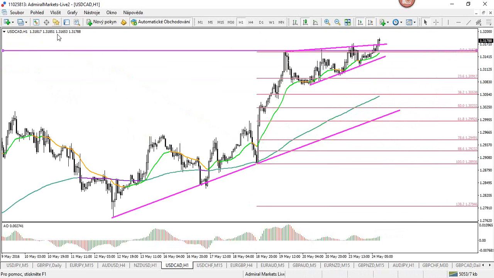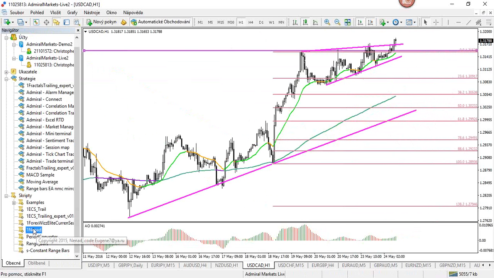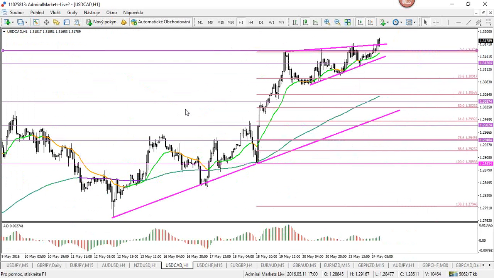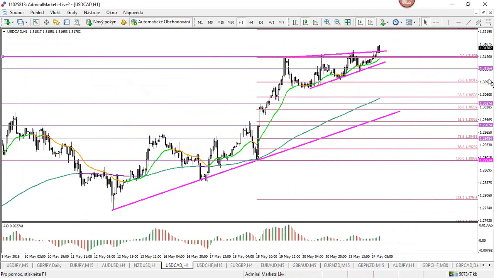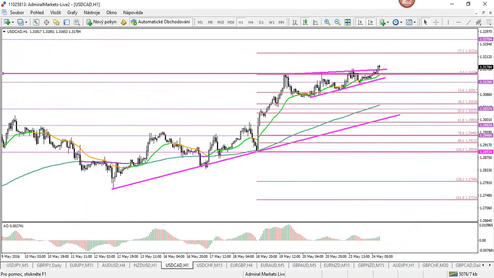If I use my Fibonacci targets script, we see that price is at 1, 2, 3, 4, past the fourth level. So it has a good chance of going to the fifth. So there is a good space here, I would say.